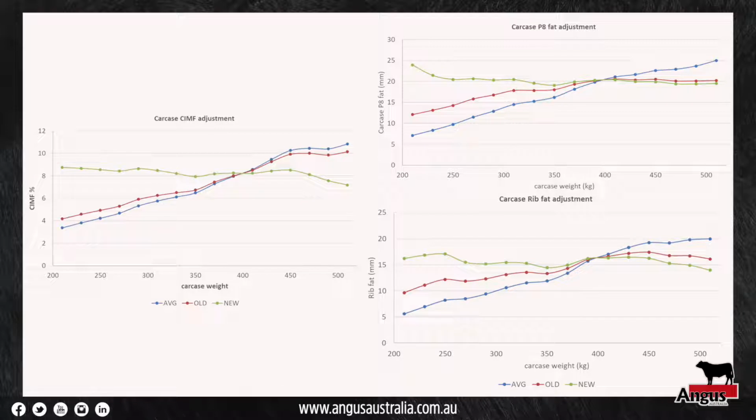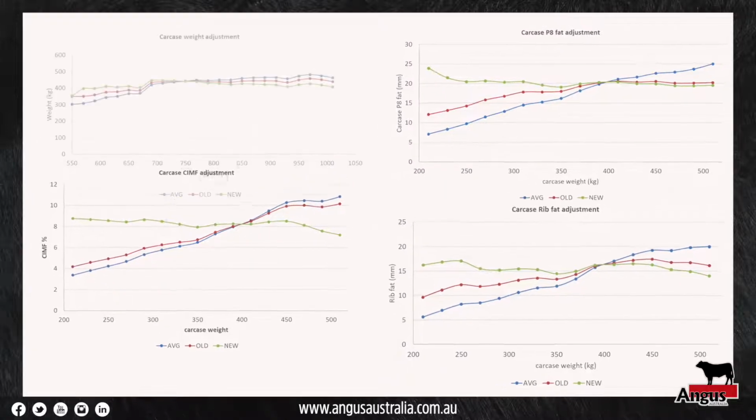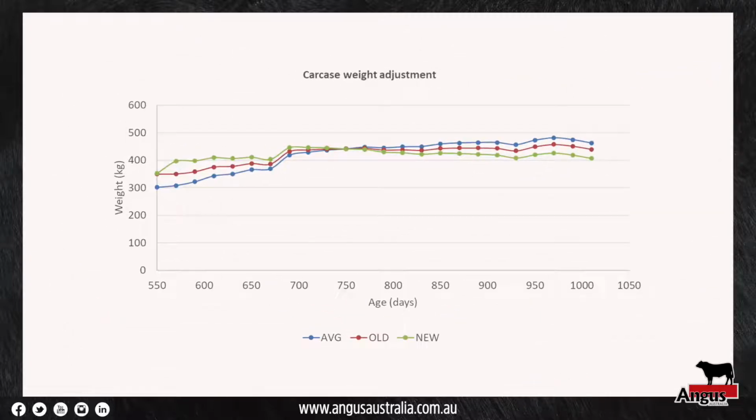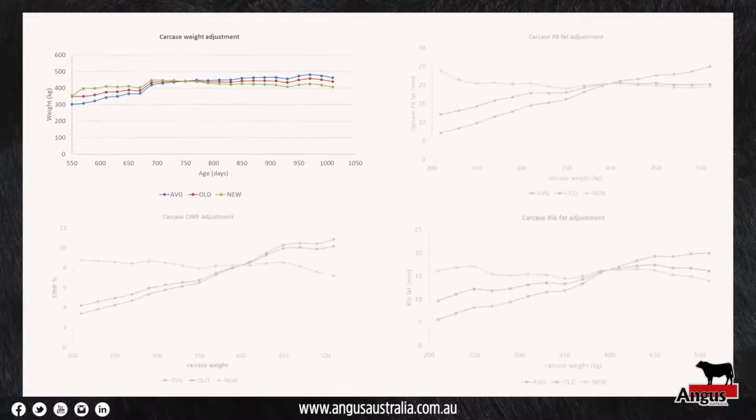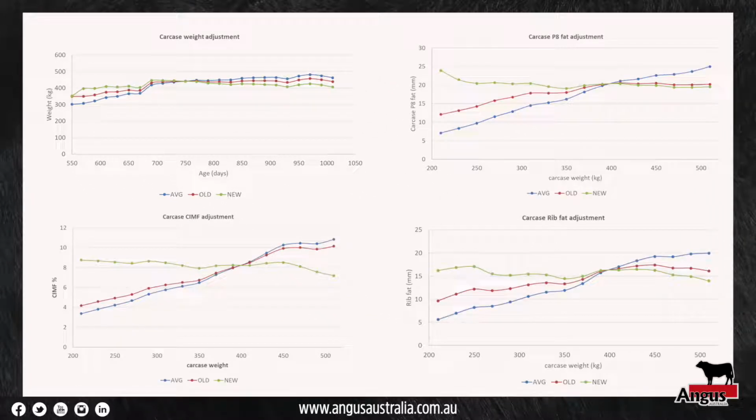For carcass weight, you can see as animals got older, the carcass weight increased. So it's important, as part of that pre-adjustment, that we try and remove as much of the effects of the differences that we see in the performance for those different traits that are due simply to differences in carcass weight or to differences in the age of the animal on the day of kill.